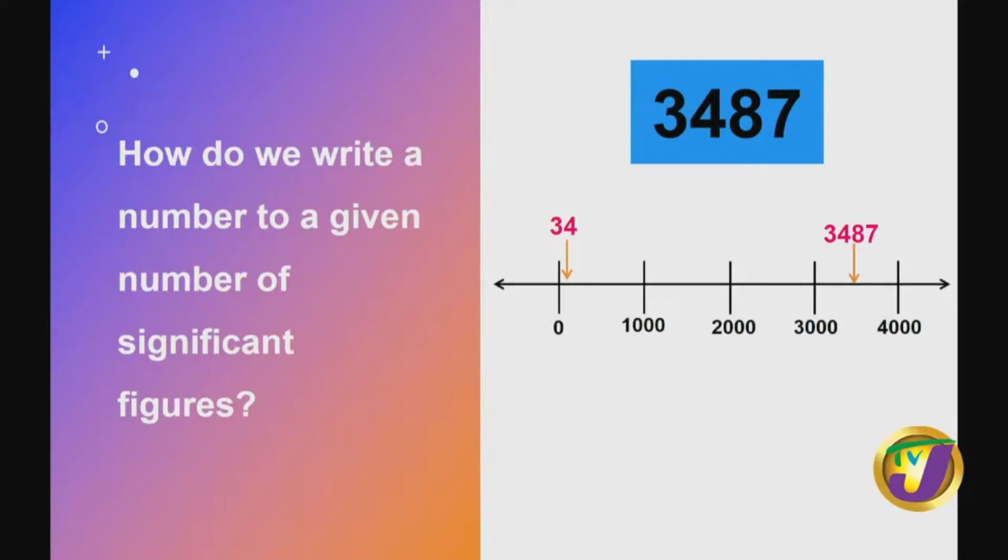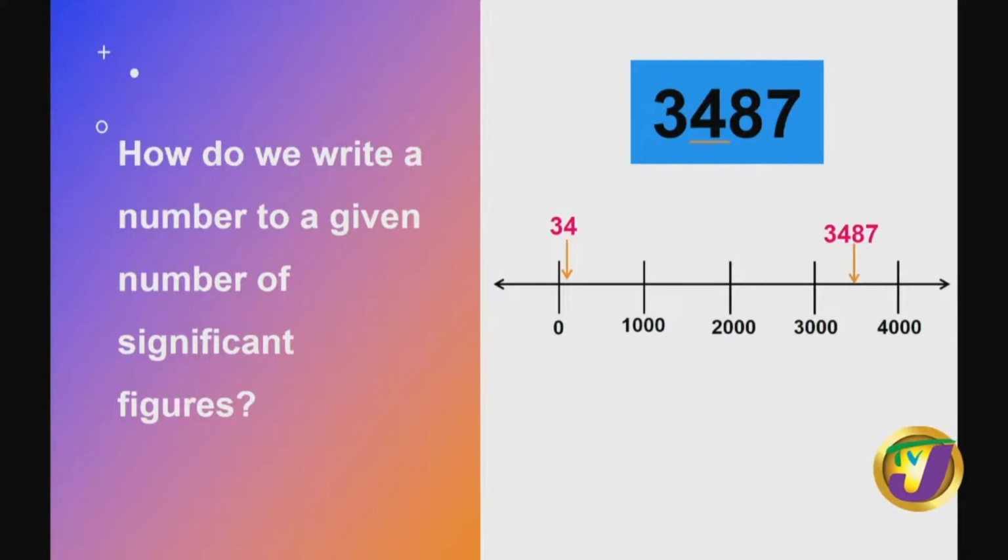So I'm seeing the 3,000 and the 400 in this number, the hundreds place rather, is where I would stop my significant figures. The digits 3 and 4 are significant because, as we established before, all non-zero digits are significant.